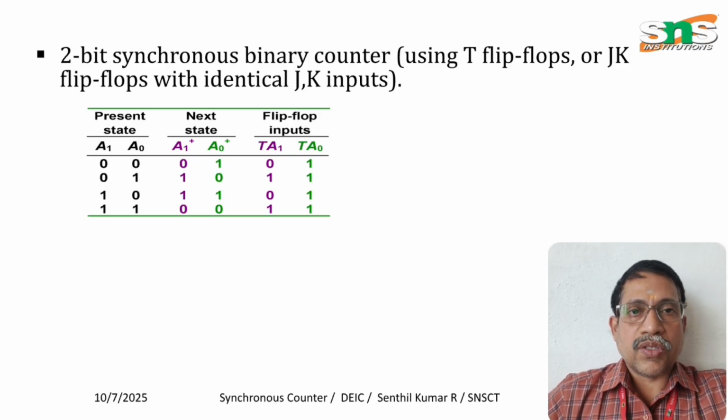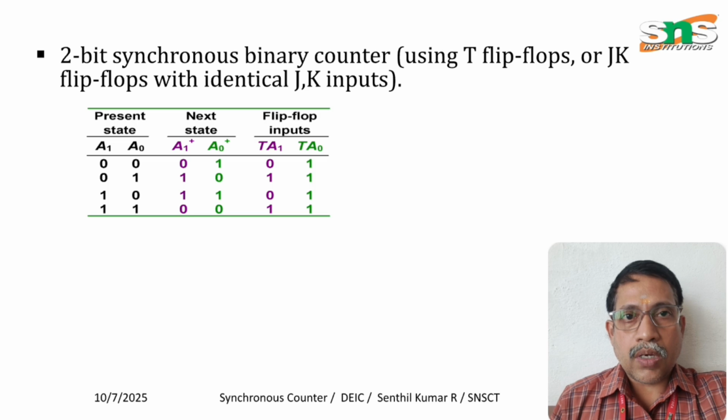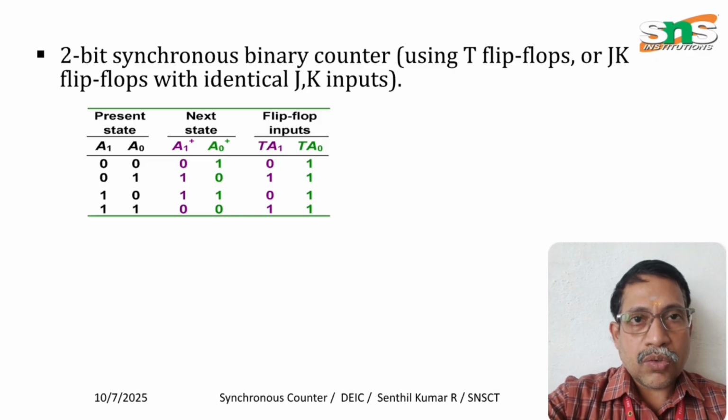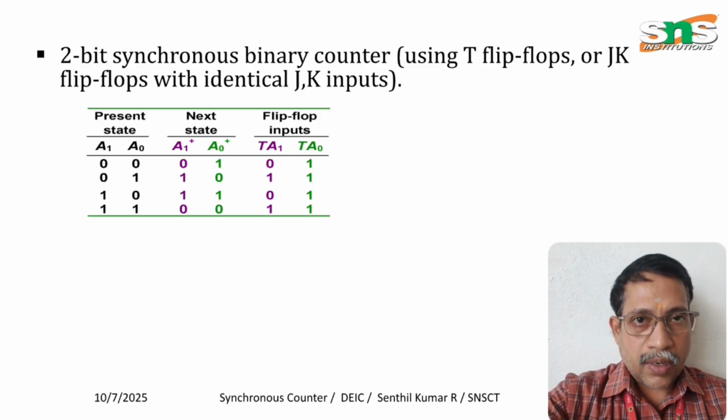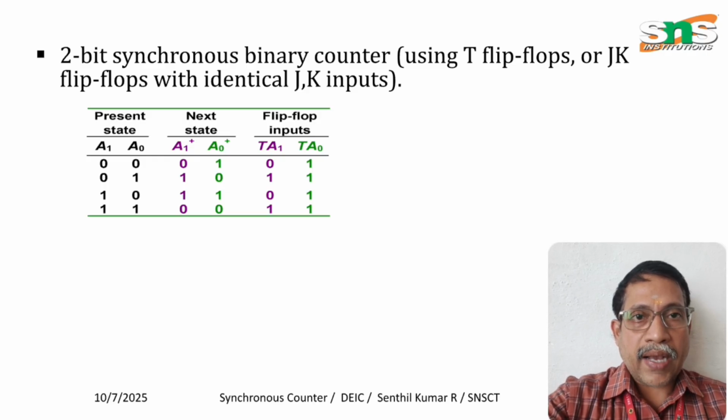Since there are 2 bits, the possible combinations are 0 0, 0 1, 1 0 and 1 1. As per the state table, if 0 0 is there, the next state is 0 1. If 0 1, the next state is 1 0. If 1 0, the next state is 1 1. And when 1 1 is there, written in black, the next state is 0 0, written in pink and green.